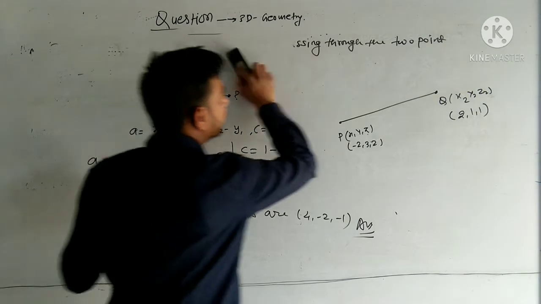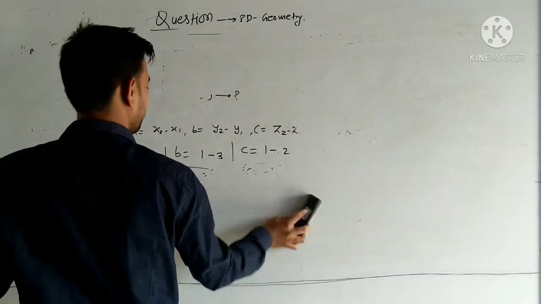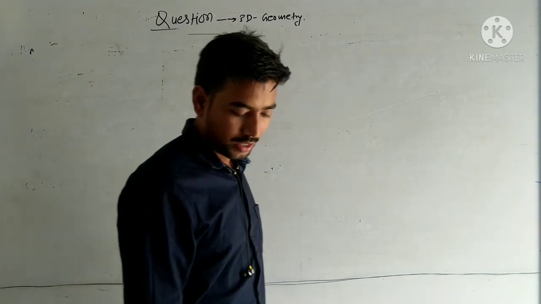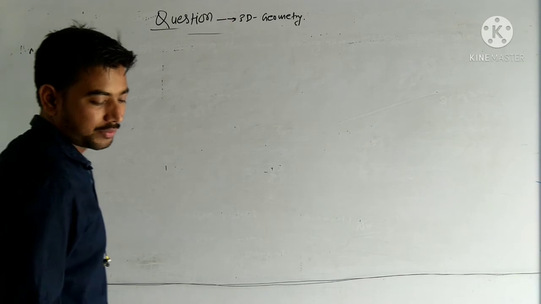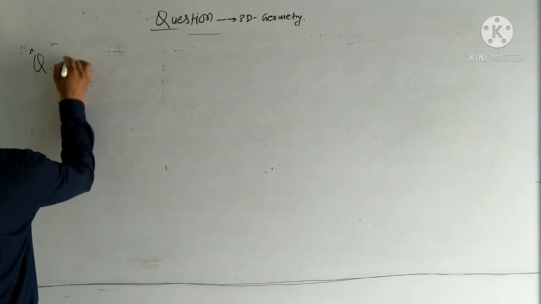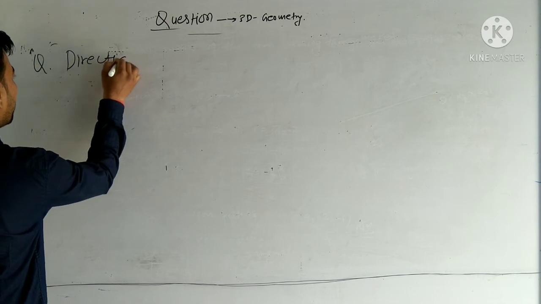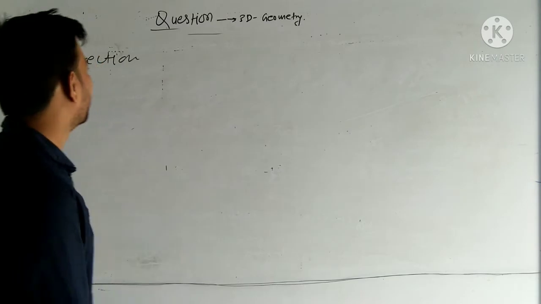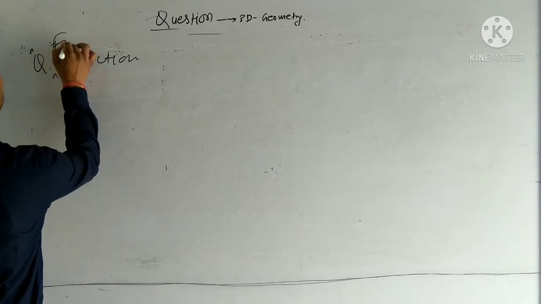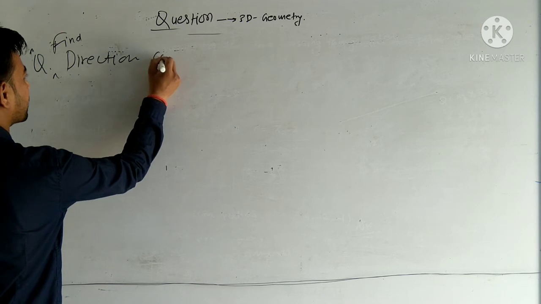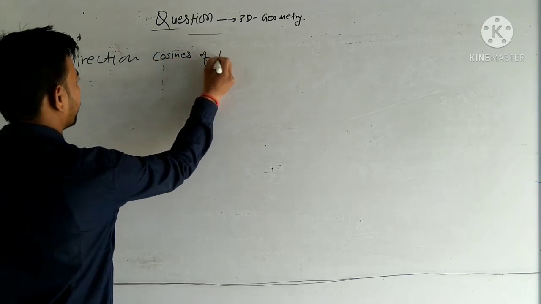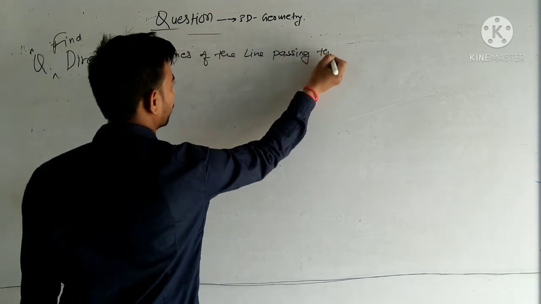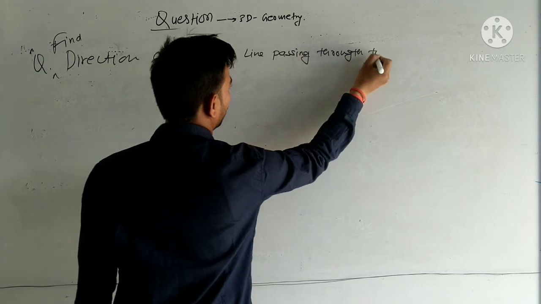Okay, and the remaining questions, many questions you can solve, no problem. Find the direction cosines of the line passing through two points. I am dealing here with different types of questions. Find the direction cosines of the line passing through two points.